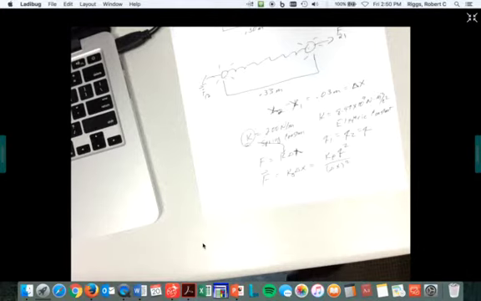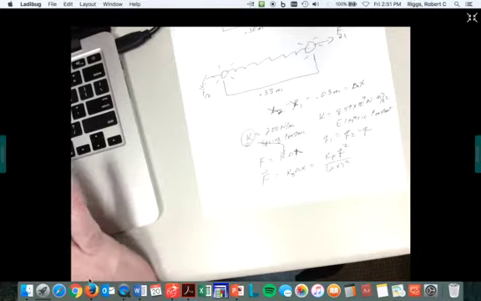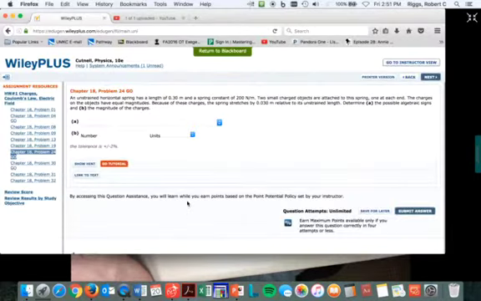Makes for an interesting problem to find Q. I'm hoping that's what they're asking: the magnitude of the charge.